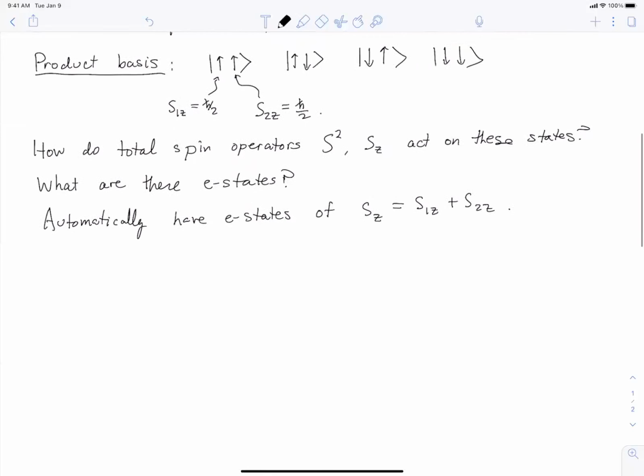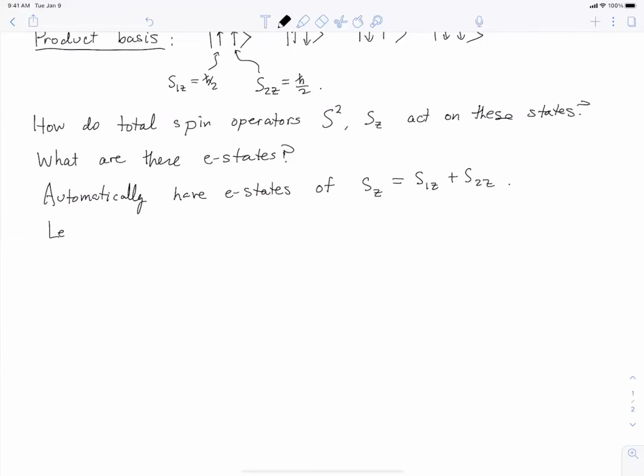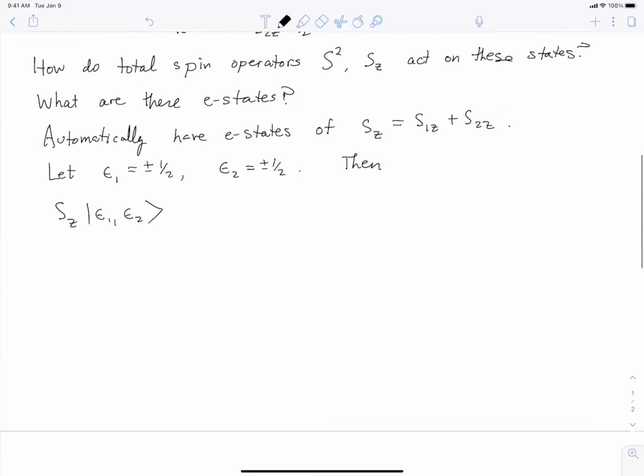Okay, and to enumerate them, let's let epsilon 1 be plus or minus a half, and epsilon 2 be plus or minus a half. Those are just the possible eigenvalues of S1z and S2z. Okay, and then if we act with S sub z total on a state epsilon 1, epsilon 2, those are really the up arrow, down arrow states in a different notation.